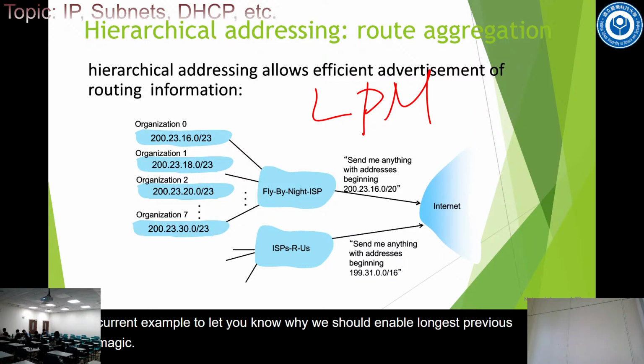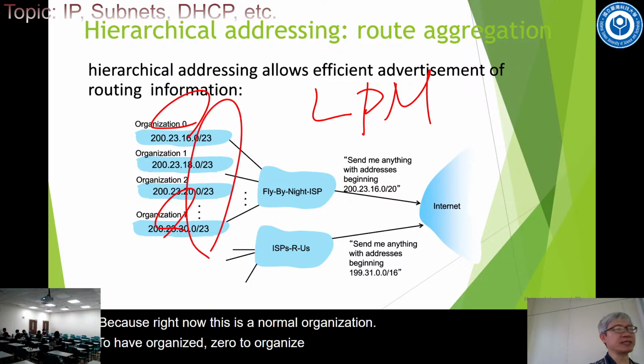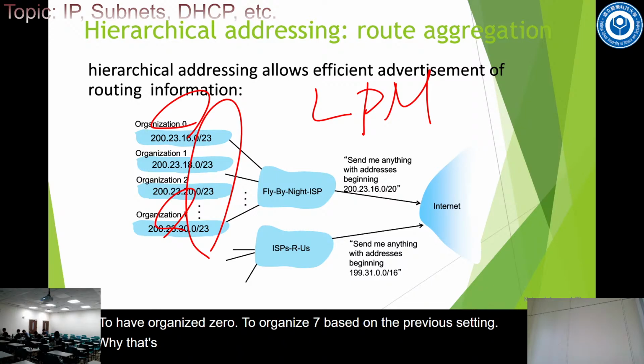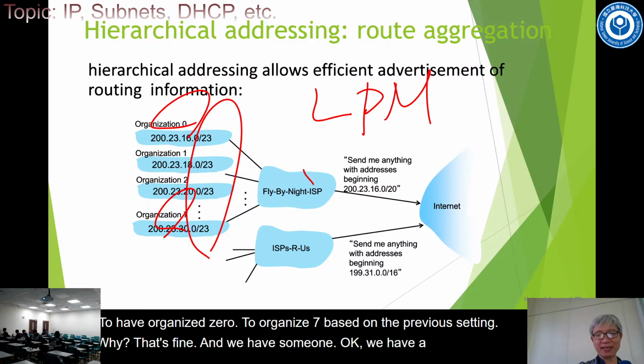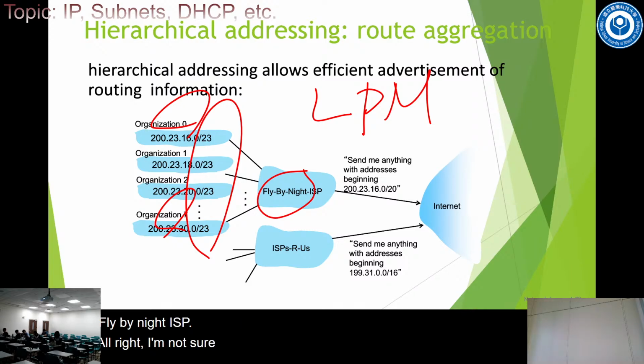Right now, this is a normal organization, organization 0 to organization 7 based on the previous setting. And we have an ISP with a name, Fly By Night ISP.